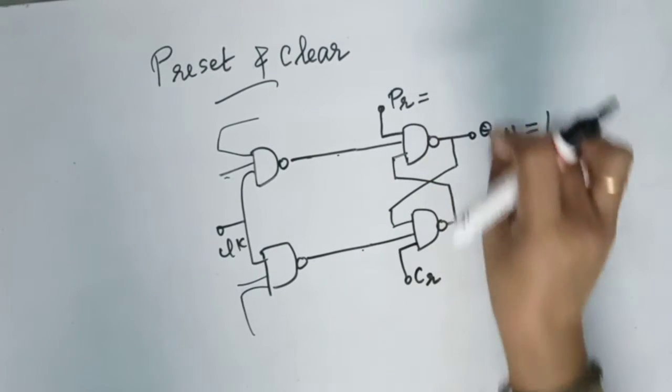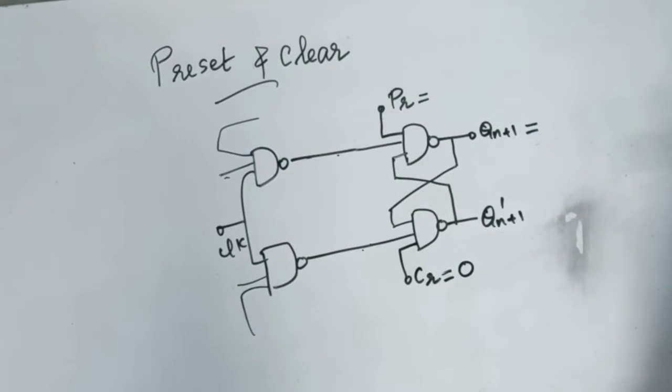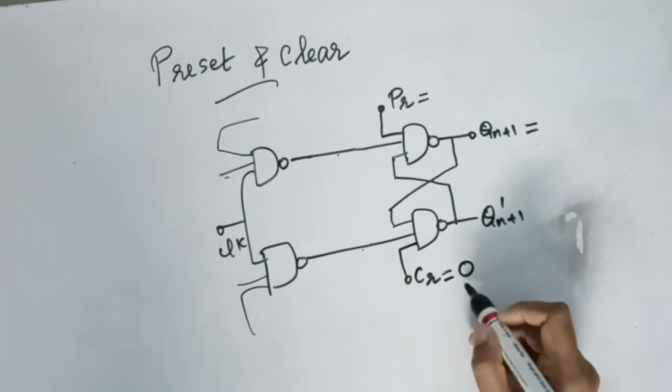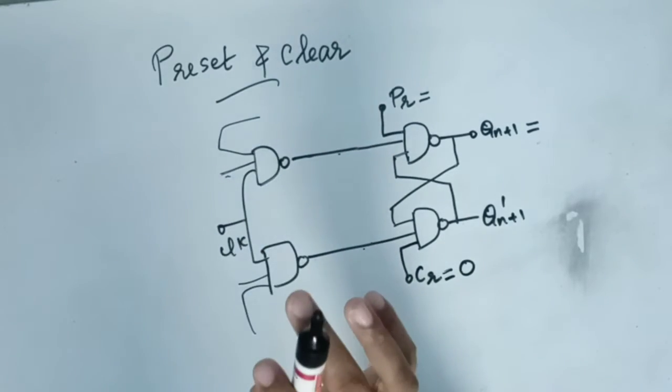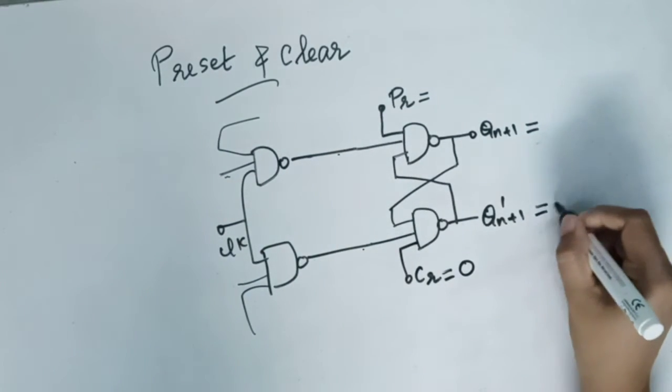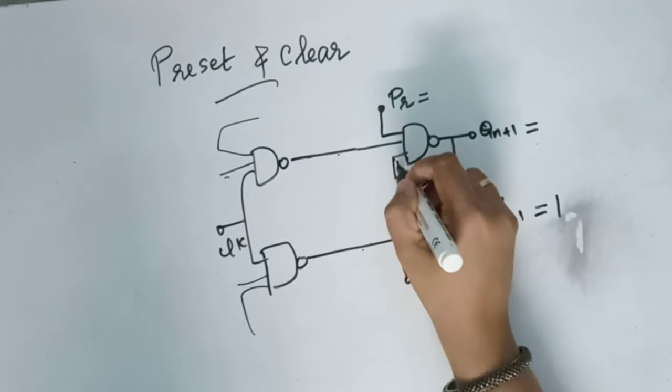Suppose my clear is 0. In the same way, if clear is equal to 0, irrespective of the inputs, irrespective of the clock, this will be equal to 1. If this is equal to 1, this will be 1.